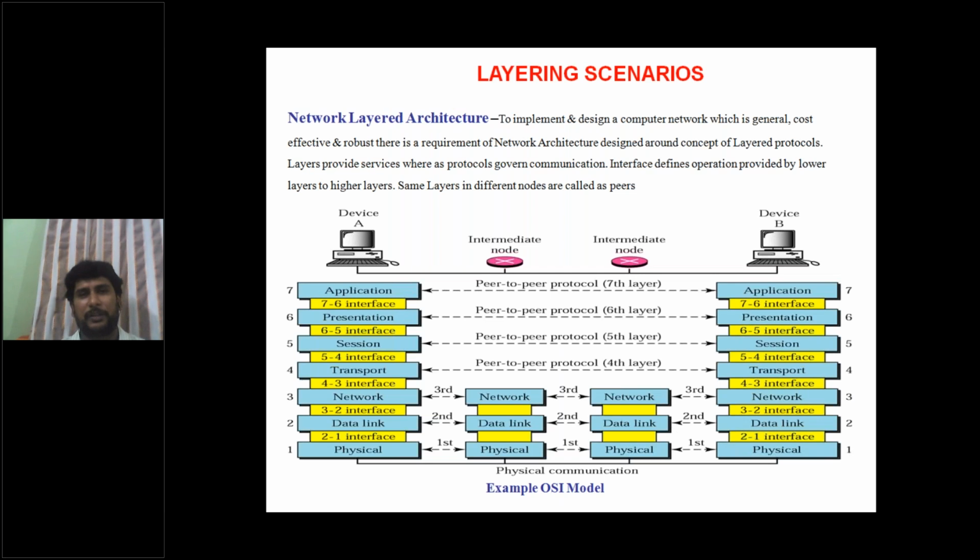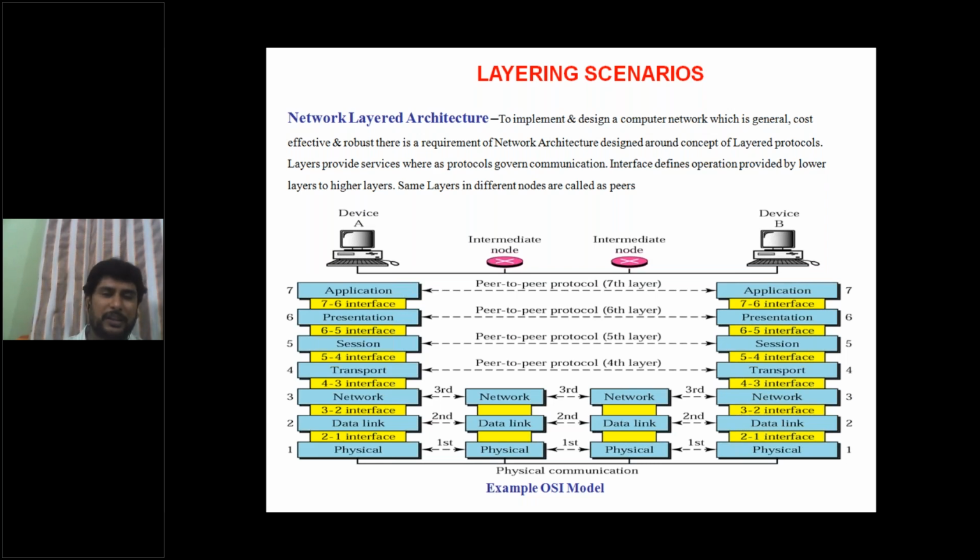And the last thing before I end this basics class is about the layering scenario. In the OSI model and TCP/IP model, I was referring that we are explaining the data communication in form of layers. So in the OSI model, which was first developed by ISO, we have 7 layers.